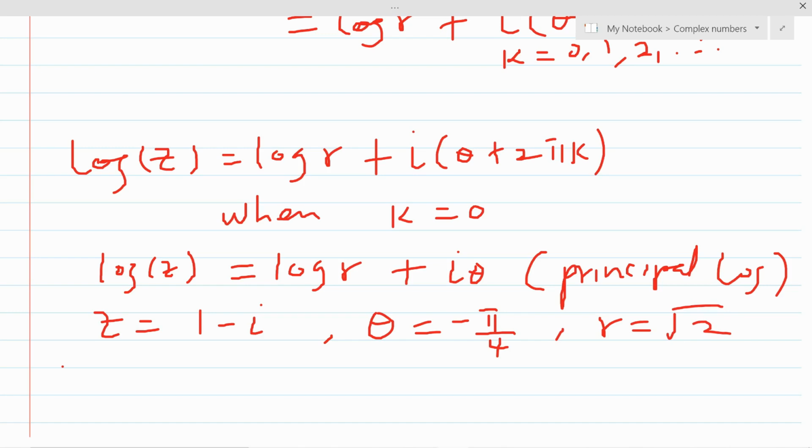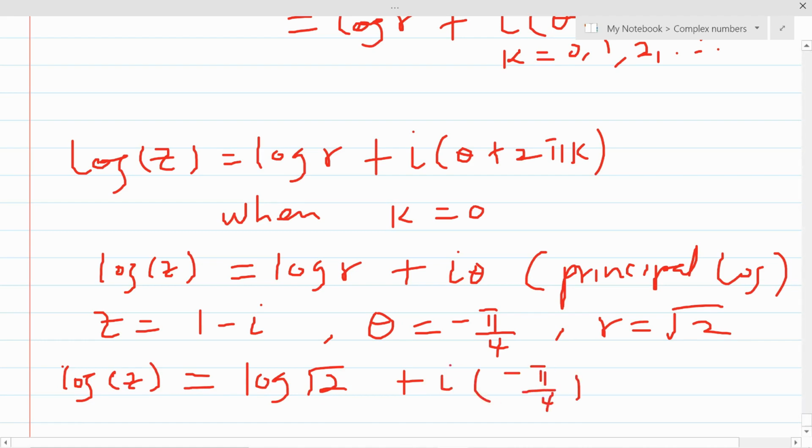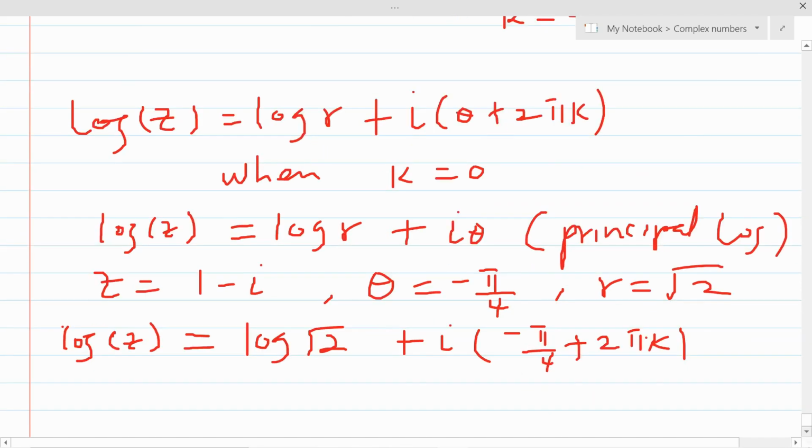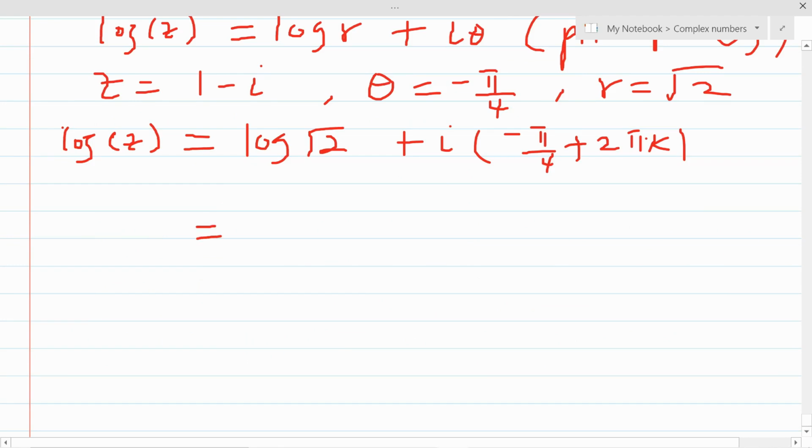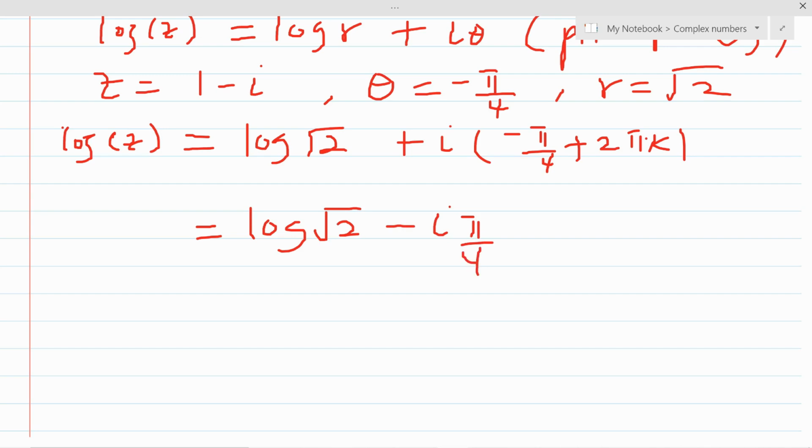So our log of z will be equal to log of the square root of 2 plus i(negative pi on 4 plus 2 pi k). Now the principal value of this is when k equals 0, so our principal logarithm will be log of the square root of 2 minus i pi on 4.